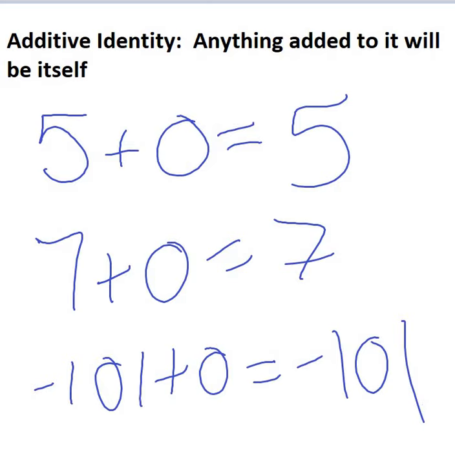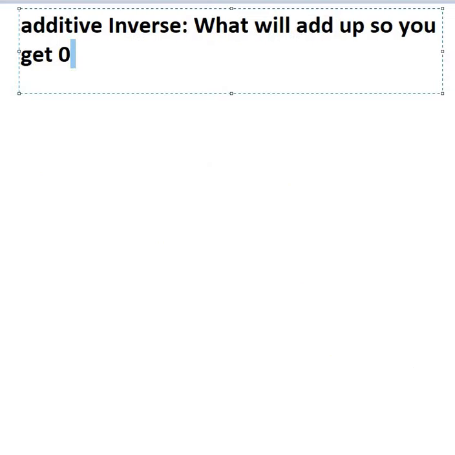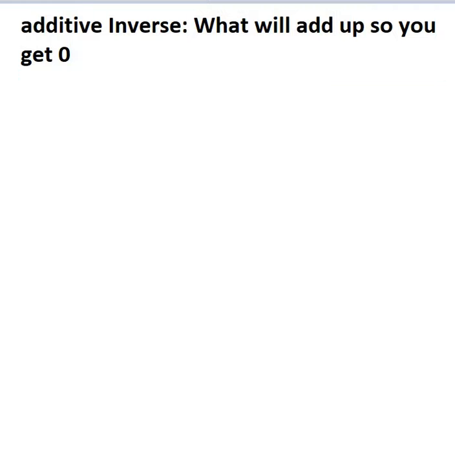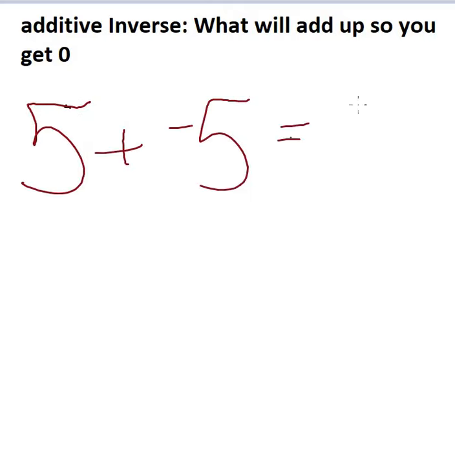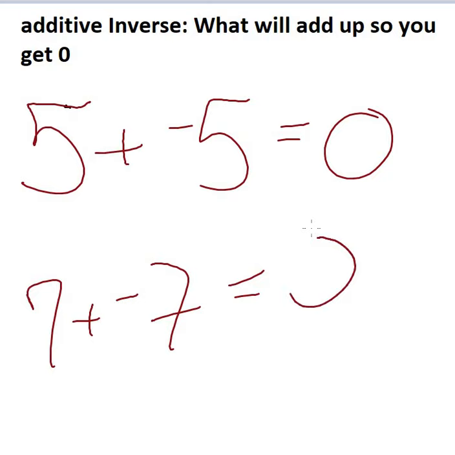That's the additive identity. The additive inverse is anything that when you add it up will give you 0. So for example, if I take 5 and I add negative 5 to it, I'm going to get 0. If I take 7 and I add negative 7 to it, I'm going to get 0.